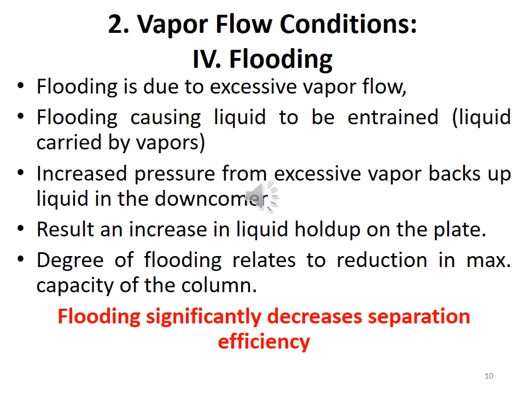So depending on the degree of flooding, the maximum capacity of the column may be severely reduced. Flooding is detected by sharp increase in the column differential pressure, and this process significantly decreases the separation efficiency of the column.